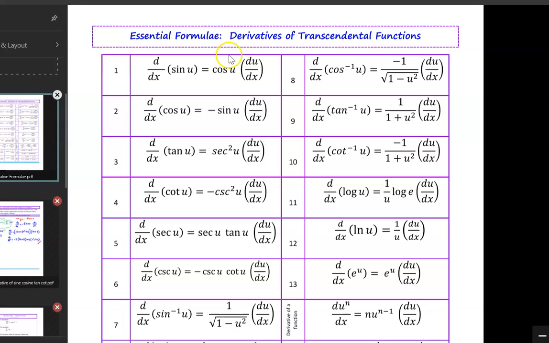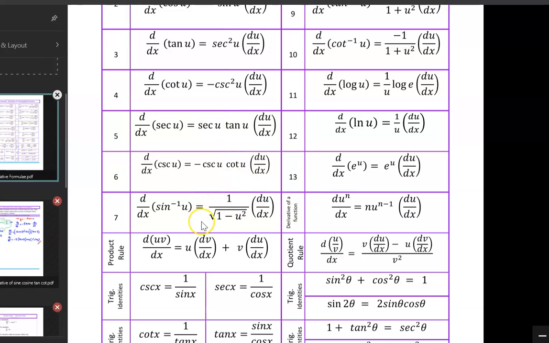The basic concept is this: if you have the derivative of a transcendental function, each of these functions will have a result as another trigonometric function. And the very last step is always to multiply by the derivative of the argument itself. Then it's in different forms, where you have to apply power rules, product rule, or quotient rule, but sometimes you don't have to. I don't believe that I have done any question involving a transcendental function with the quotient rule.